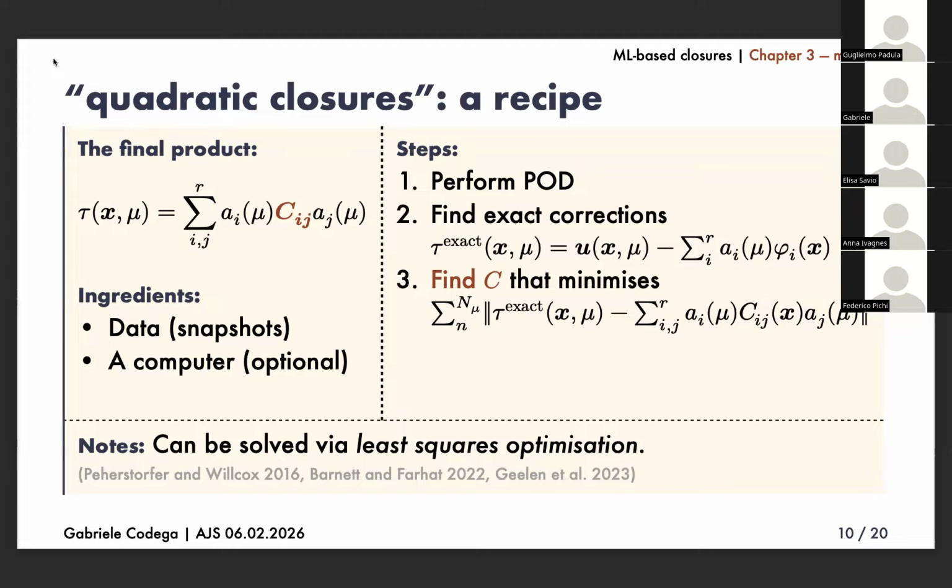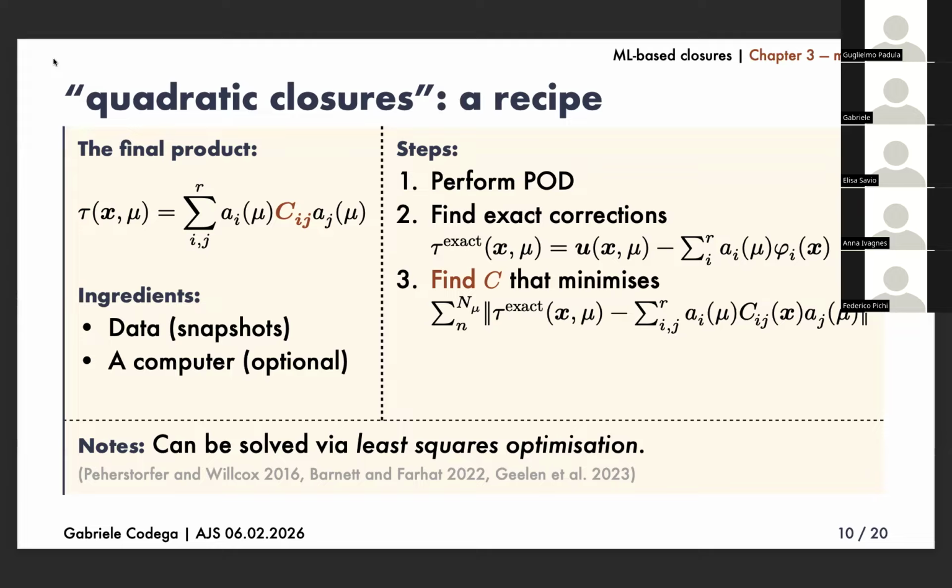Then you make the ansatz. This correction has this specific quadratic form right here. What's left now, since we have a already, we just need to find the appropriate C_ij such that this specific form matches the exact correction as close as possible. So just minimize the sum over all the snapshots you have of this difference, exact minus the specific form we want to give tau. And just a note, this is something that's already been done in the literature.